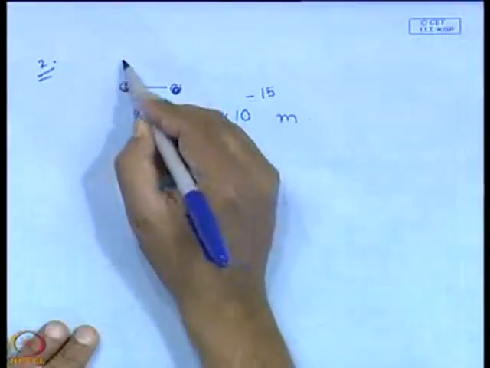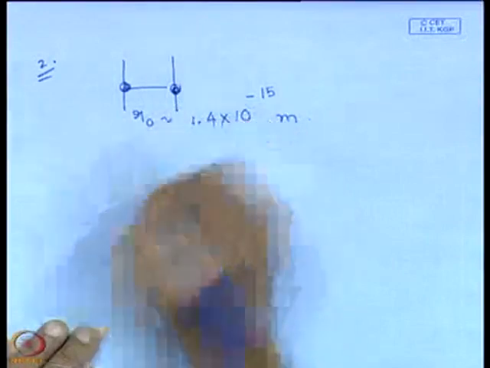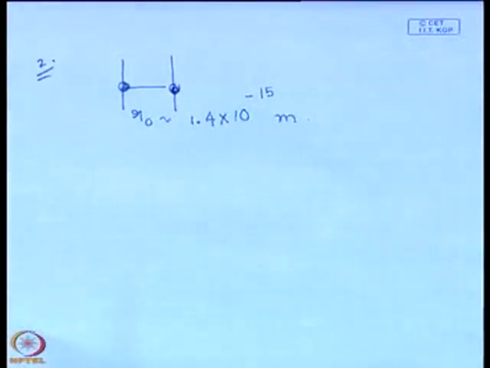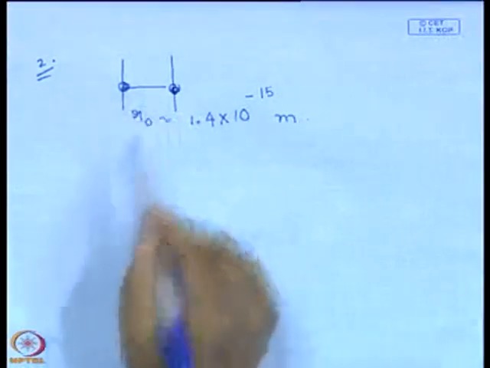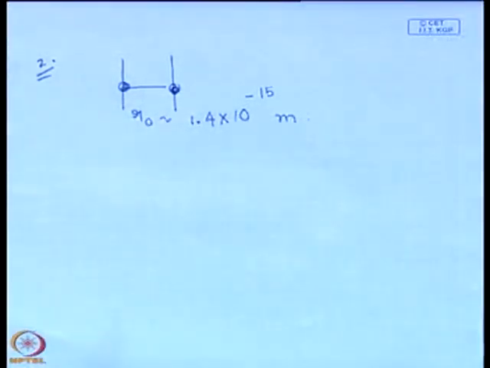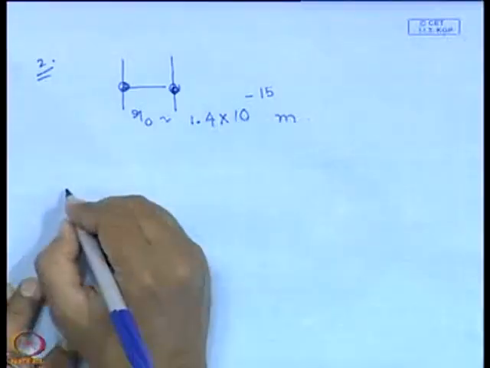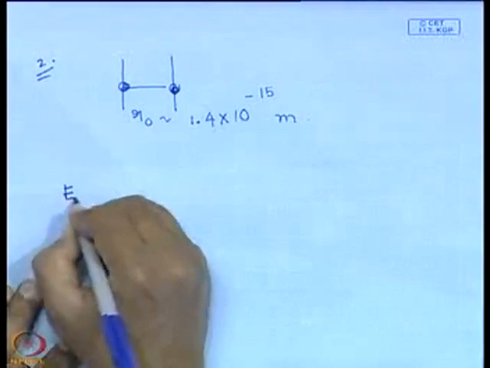So, the question is, what is the potential energy of two protons at this distance? The kinetic energy has to be equal to this amount if you want the protons to overcome the Coulomb potential and approach each other to such a small distance where they can become bound by the strong interaction. So, let us estimate the potential energy of this.